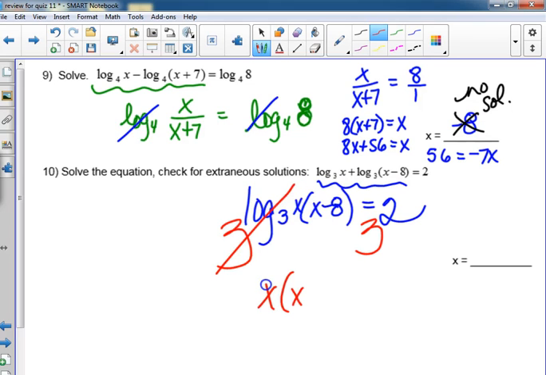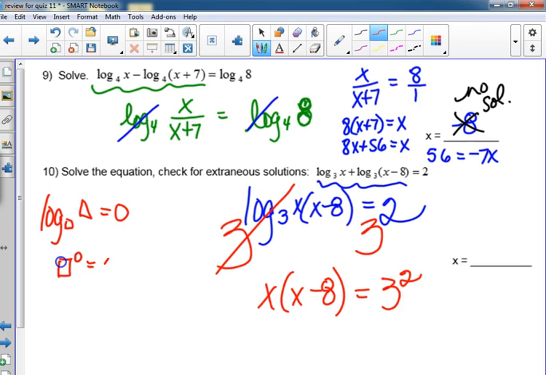It's going to be x times x minus 8 equals 3 squared or 9. Yes. Everybody understand that? Because it's just rewriting this. Okay? This to this power equals this. So we did 3 to the second equals whatever that garbage was.